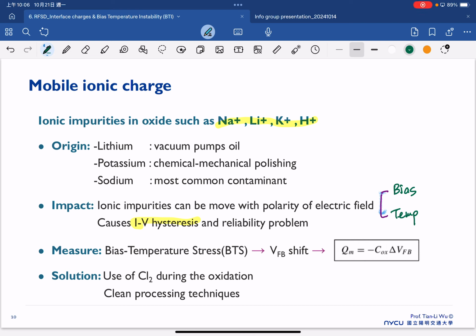One of the typical phenomena we can see from this issue is in our IDVG curve here.